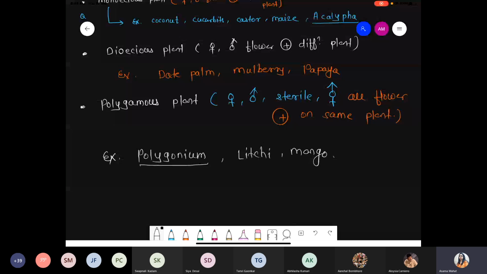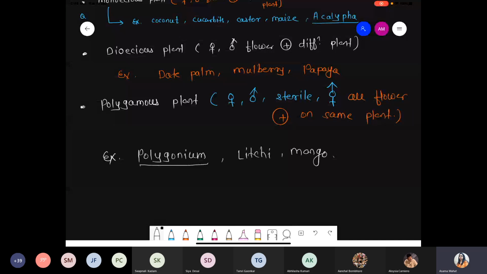But whenever you use unisexual flower, that unisexual flower might be present on a monoecious plant or on a dioecious plant. On a monoecious plant, the male flower is on the top and the female flower is on the bottom. So that time you have to use unisexual. So it is not compulsory, it depends upon the condition.